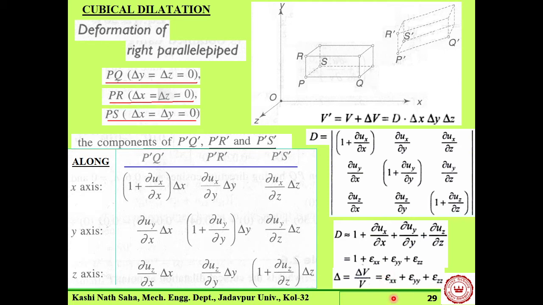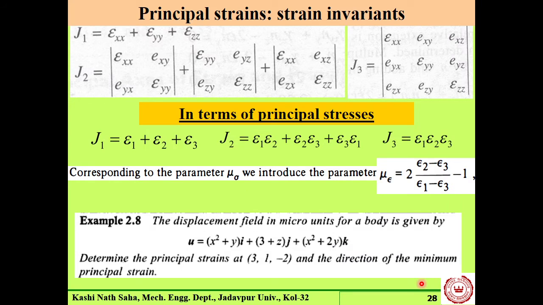Now, what is this quantity delta V by V? This is epsilon x plus epsilon y plus epsilon z. This is the first invariant. Now recall that in connection with stress analysis, this was the representation of hydrostatic stress.